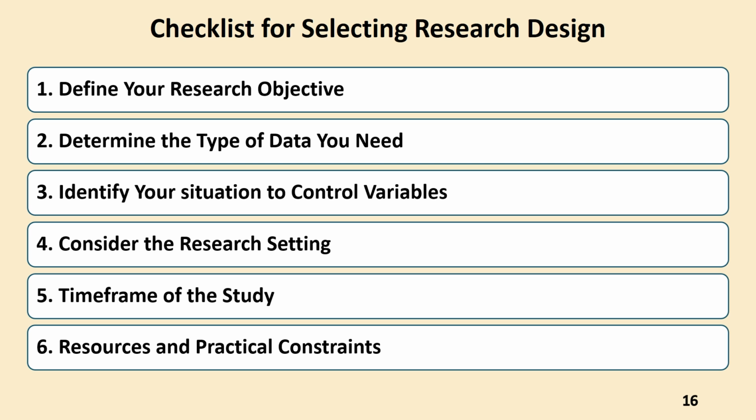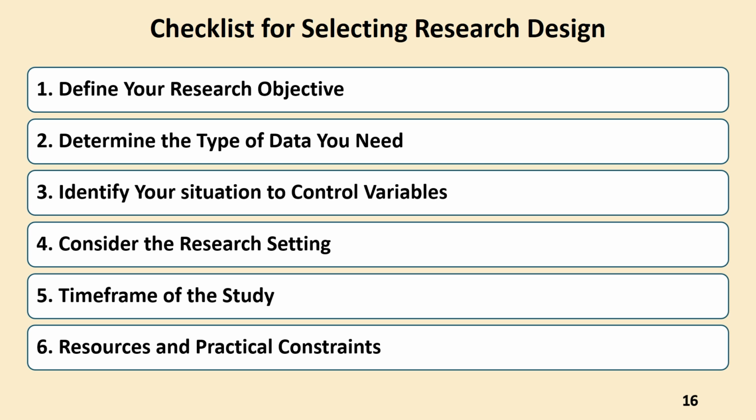Second, determine the type of data you need. Most important, what kind of data you need. Third, identify your situation to control variables, whether you are in a position to control the variables which you are targeting properly or adequately. If yes, move forward. If no, change the plan and look to another research design.